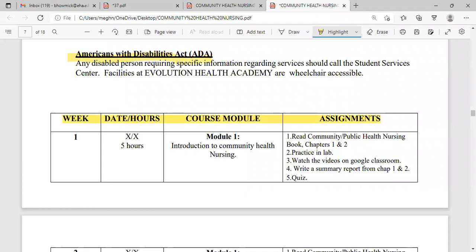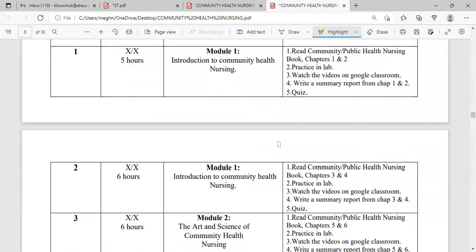Now I am going to show you our weeks, dates, modules, and assignments. Week 1 covers 5 hours. Module 1 is the introduction to community health nursing, the chapter name. You can read the community or public health nursing book, or you can read our other ATI book.